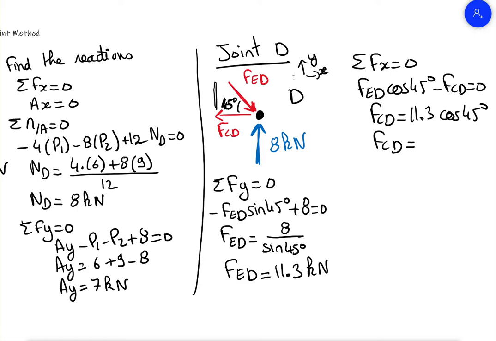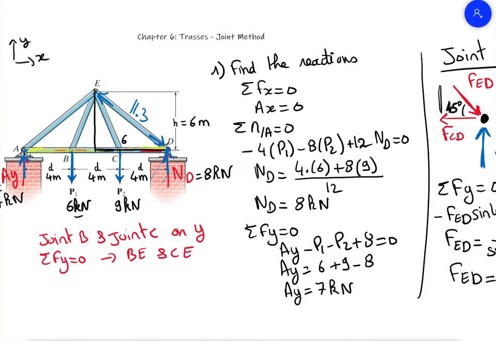Cosine 45 multiplied by sine gives 8. It's 8 kilonewton, and we got the right direction, so it's tension.